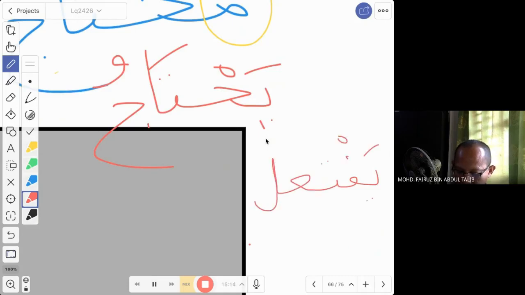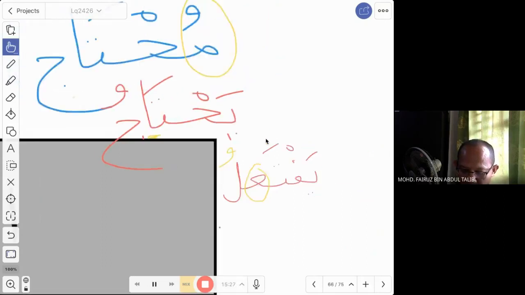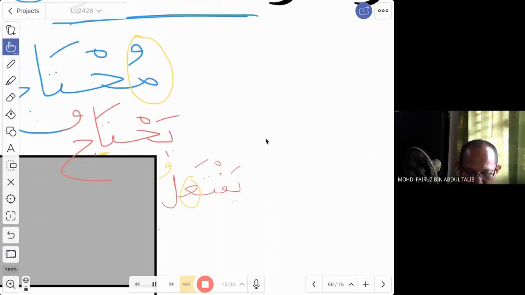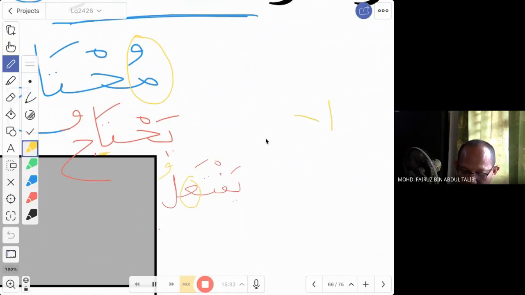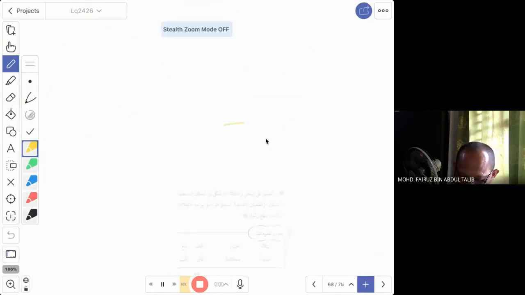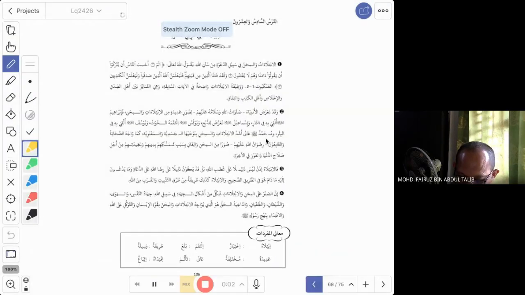You see the ta, but the problem is with the ain, where the ain is this alif. So the wazan is yafta'ilu, and the madi is ihtaja, which means need.